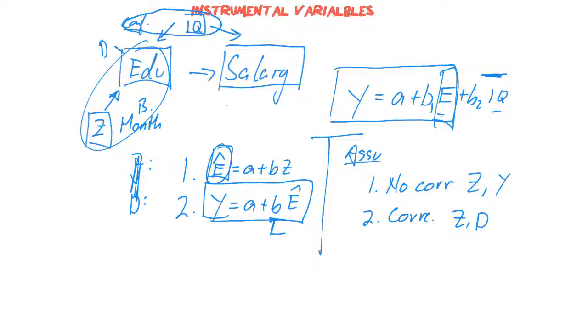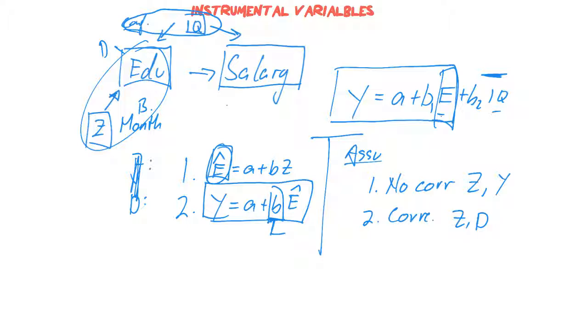No, it turns out that if there's a small problem with the second assumption, so there is only a small, weak correlation between Z and D, the instrument and the treatment, and maybe there's some remaining correlation between the instrument and the outcome, in that case the beta, the estimate we will get for the causal effect, will be very wrong sometimes. It can be a high bias, a big bias. So that's another problem here.